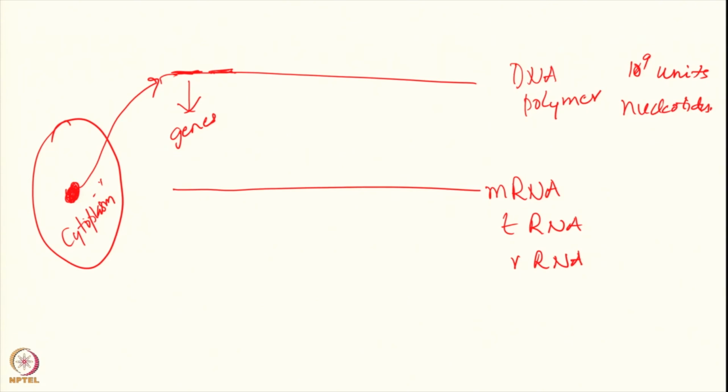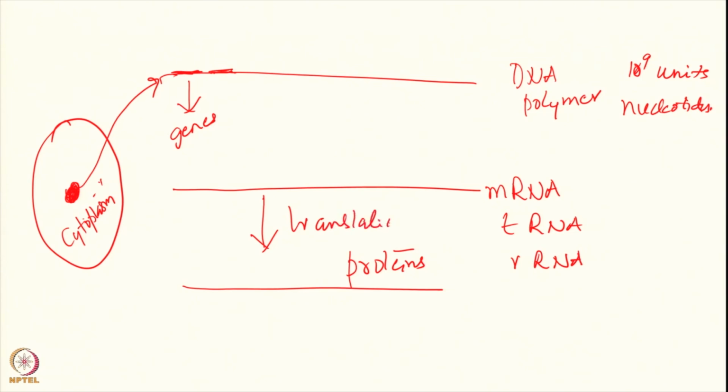There are other kinds of RNAs which are called tRNA and ribosomal RNA, and tRNA is involved in the translation process. Then it goes to the proteins here. This is the process of translation, and from here to here this is the gene, this is the transcription.